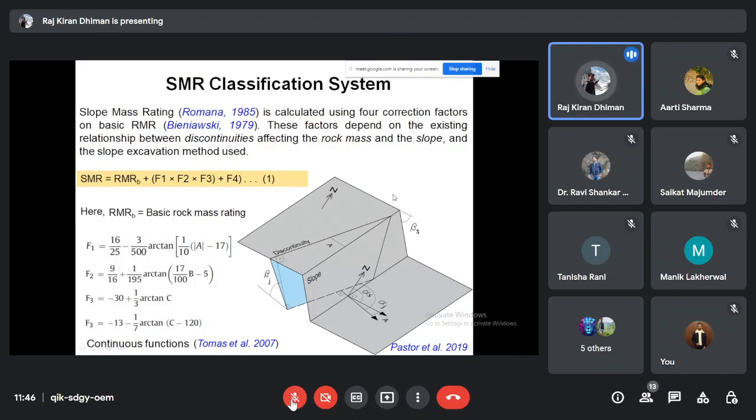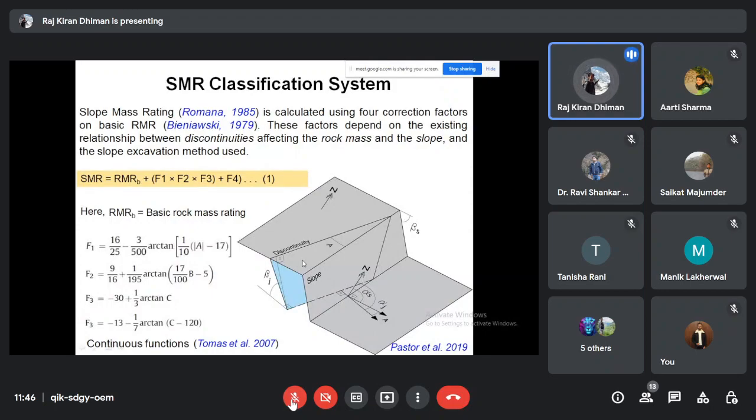This is a question which Romana asked, because we already know in kinematic analysis that there can be planar failure, wedge failure or direct toppling. We just know that there is some joint data, we plot it in the stereonet and we say that there is a planar failure.